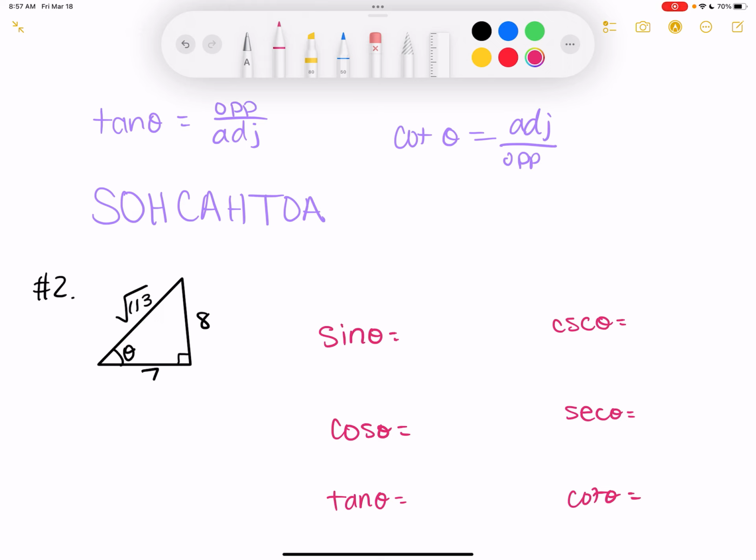Okay, sine is 8 over square root of 113. And then it would be 8 times square root of 113 over 113.